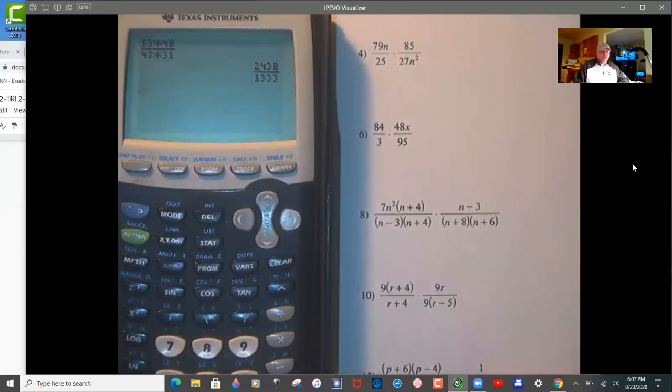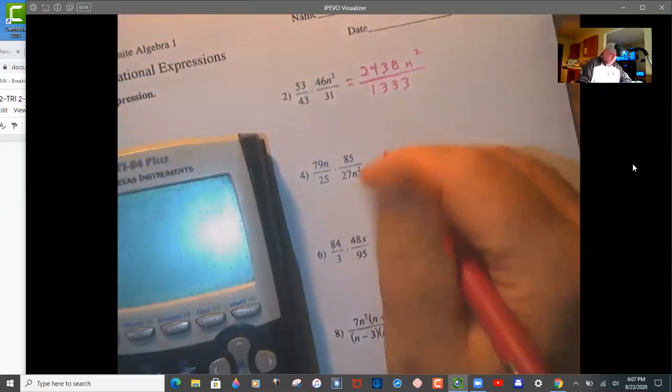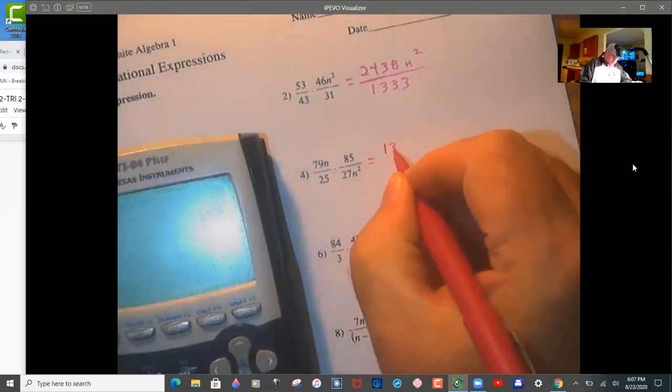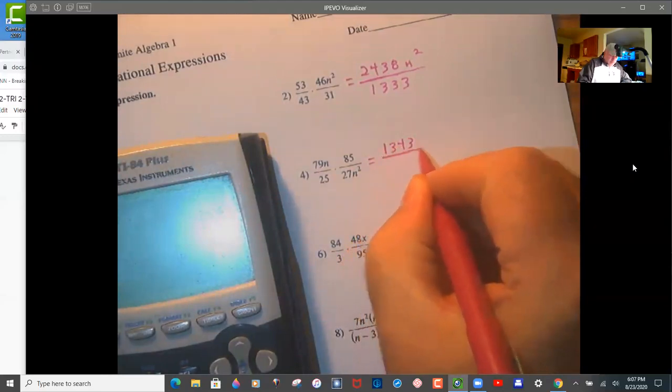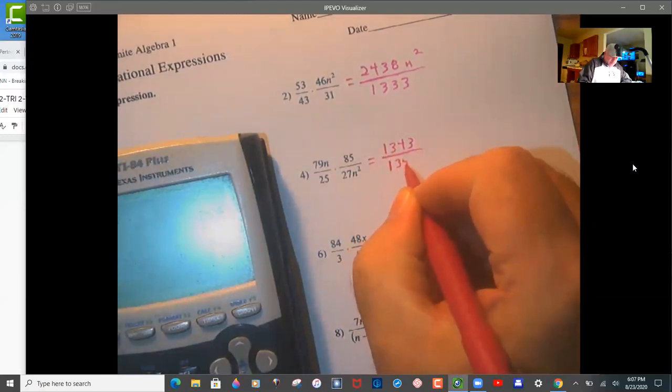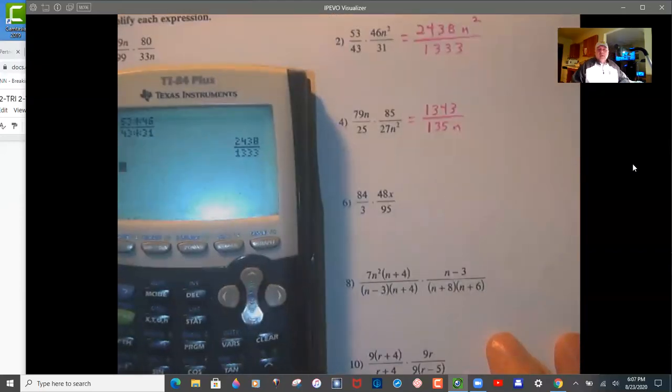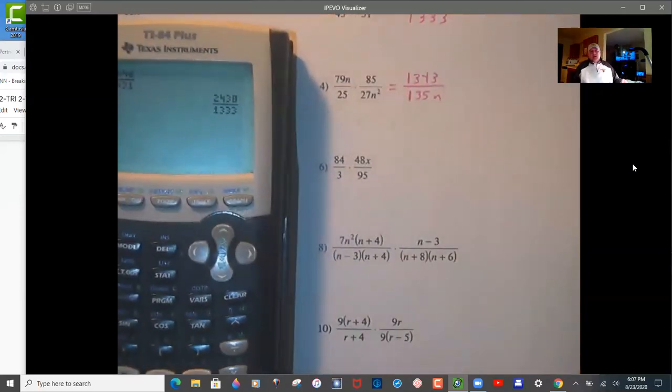And then the reduction of 79 times 85 over 25 times 27 is 1343 over 135, and then we have an n to the first. So if that was the other way around, the n squared is in the numerator and the n's in the denominator, then it's an n to the first sitting in the numerator.